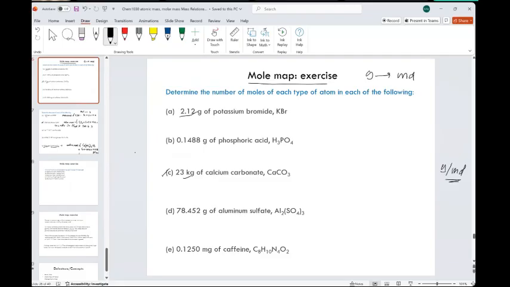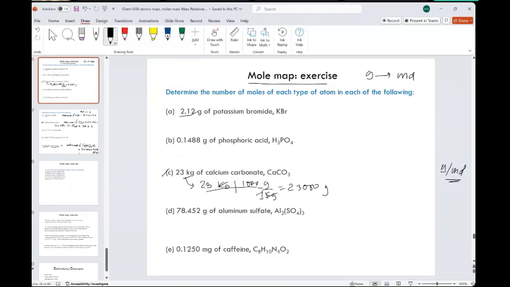So we can convert this 23 kilogram, right? 1000 gram per kilogram. We know that 1000 gram is in 1 kilogram. So we need to first convert that to 23,000 gram.